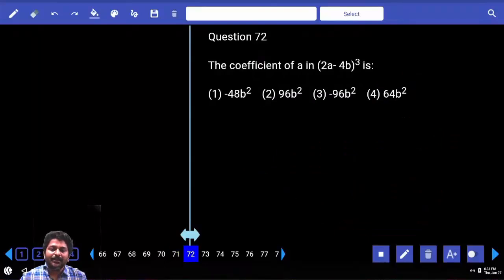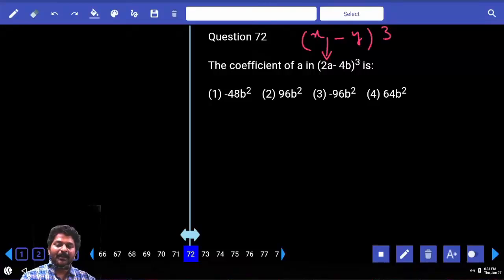Coefficient of a in (2a minus 4b) whole square, right? So here this is x and this is y. It is (x minus y) whole cube. Here we are asking for the coefficient of a. The coefficient of a comes only in 3x y square, correct? Yes.